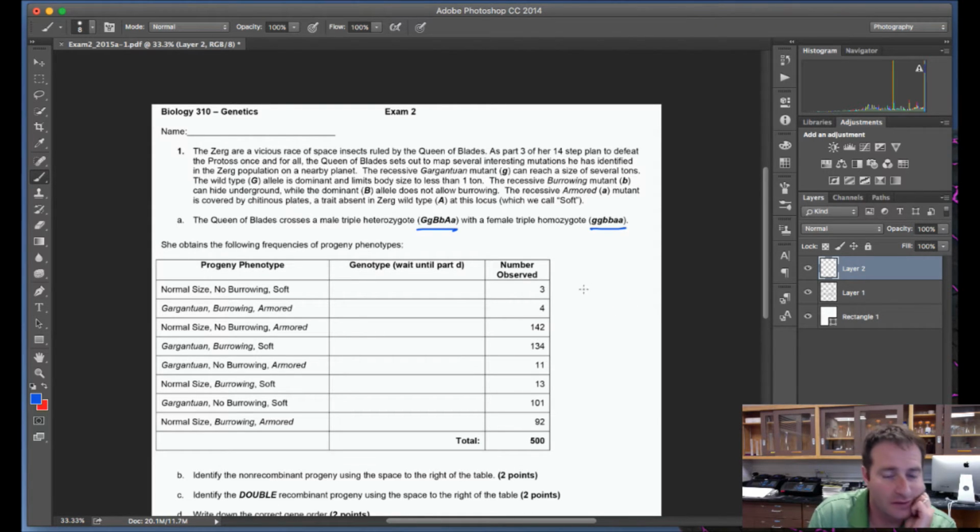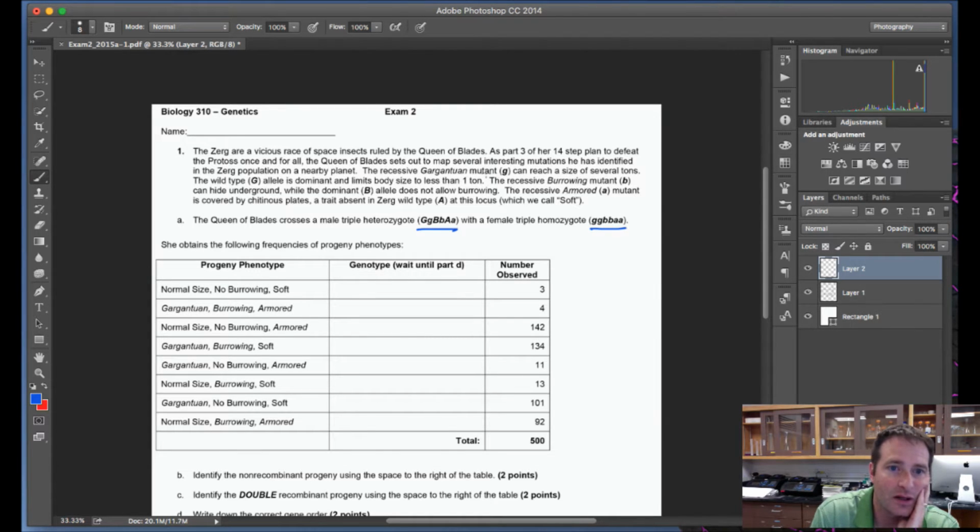Okay, and one of the things you're going to have to do on all of these problems is map the alleles to the phenotypes, and there's a variety of different ways you can do that. I'll just do it the way that makes sense to me, but there's nothing magical about it. You definitely don't want to make a mistake here and be careless.